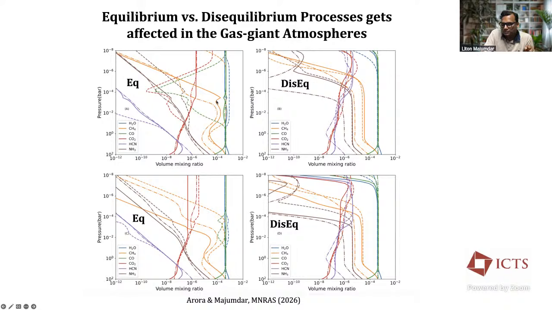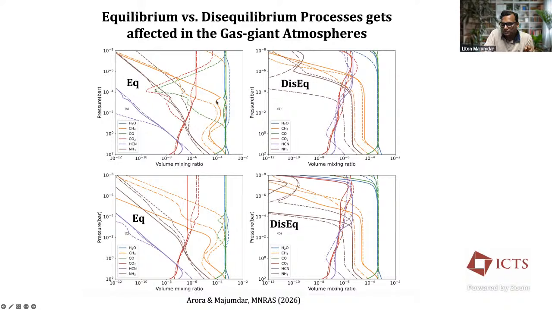So atmospheric chemistry becomes an indirect way, though you are not modeling any biological or geological process, to talk about the interaction between the atmosphere and interior processes.